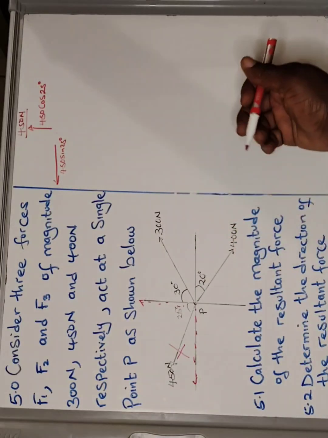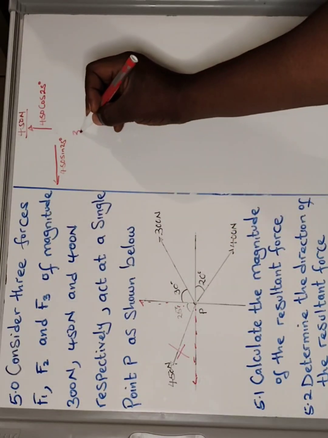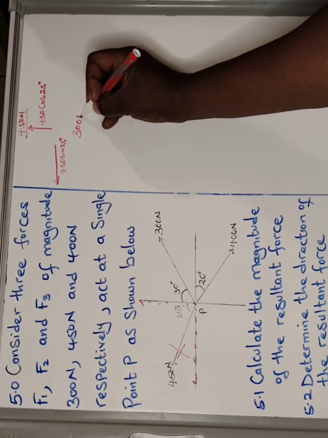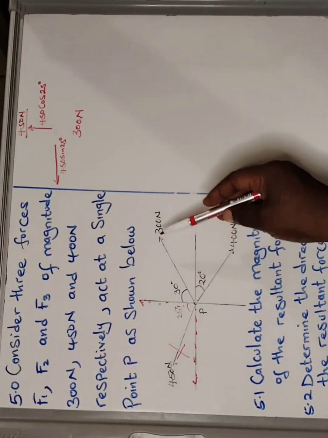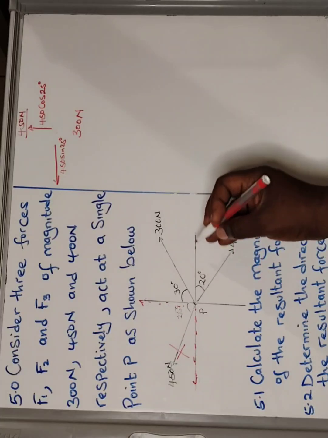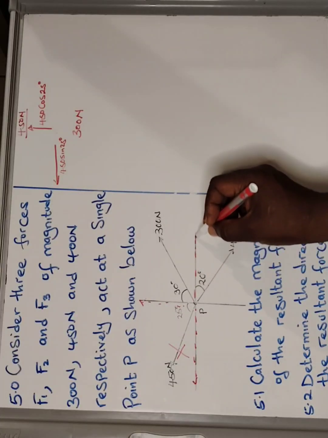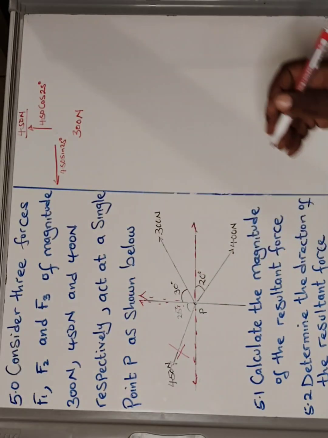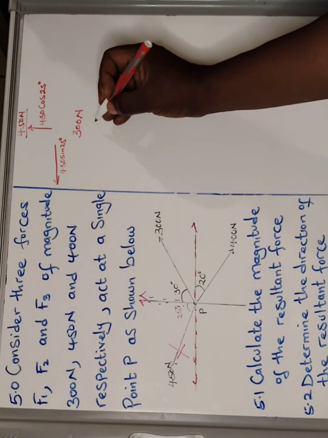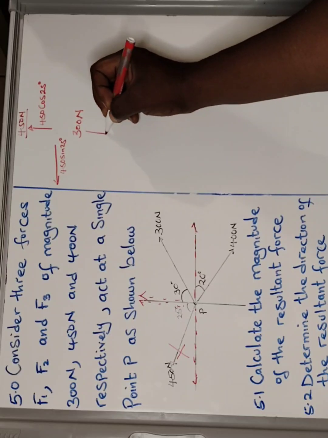Then we come to the 300 one. When you look at it, it has two components. It has a component here, and it has a component there. Let us look at the one which is here.